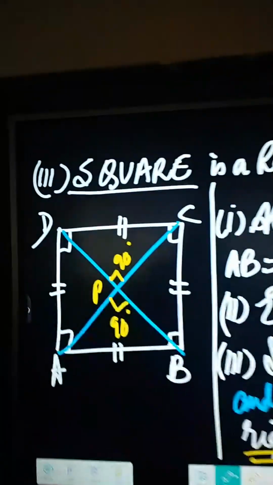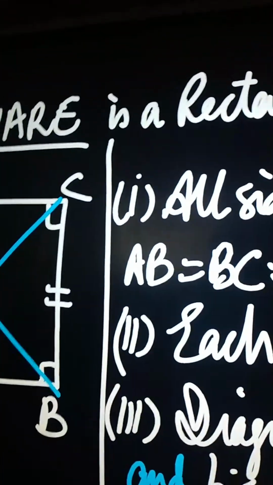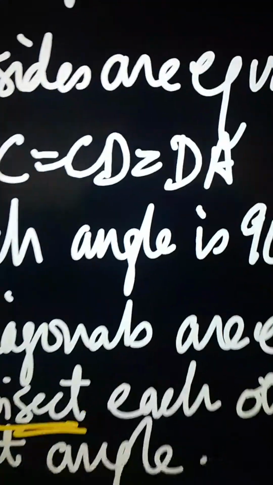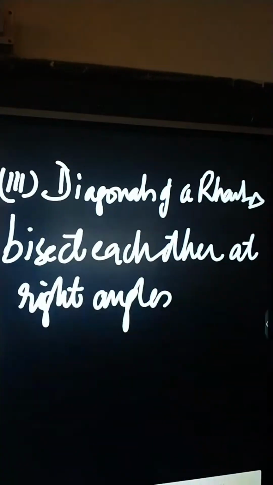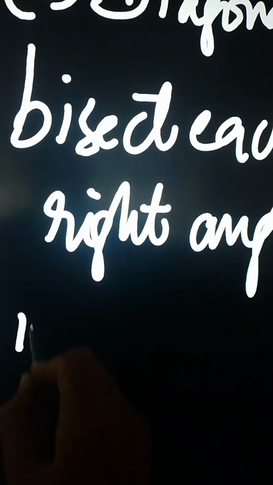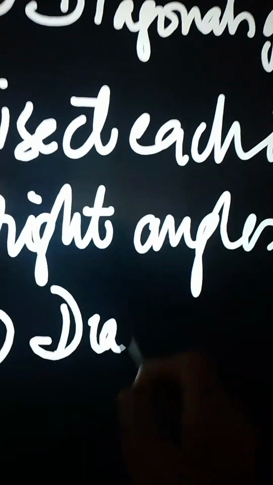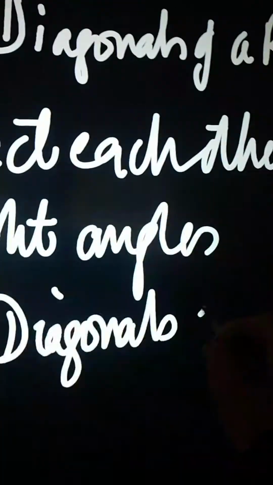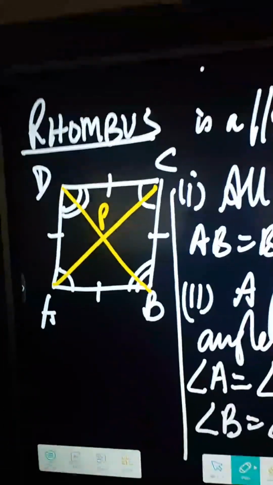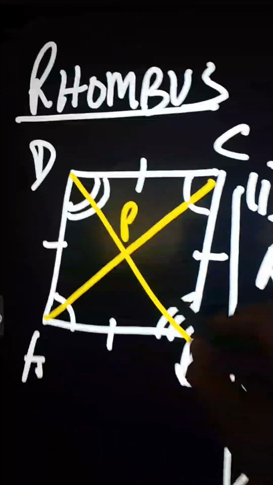But in a rhombus diagonals are not equal. So what is the difference? The difference is that diagonals bisect each other at 90, but its diagonals are unequal. They are not of the same length, but they cut at 90.